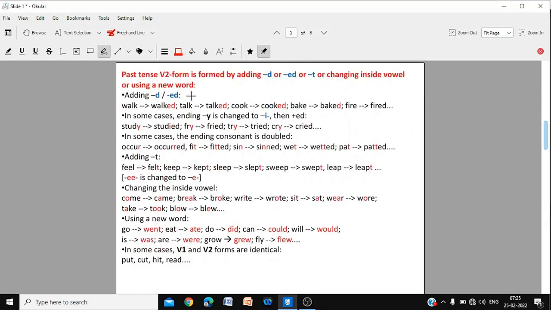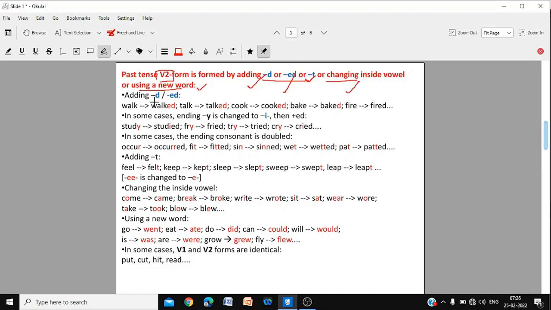The past tense V2 form is formed by adding D or ED or T, or changing the inside vowel, or using a new word.